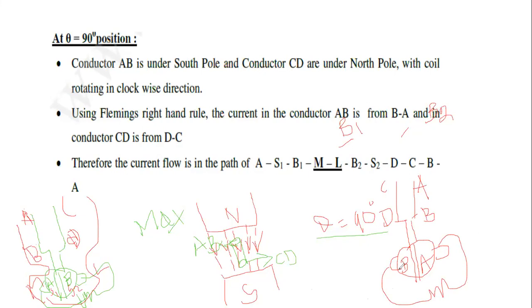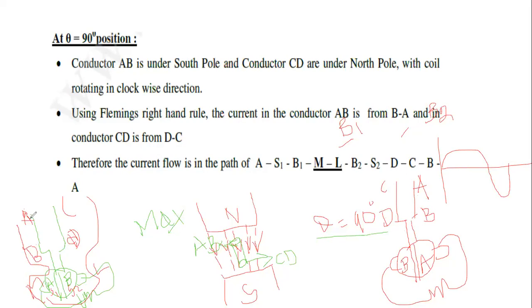In the previous case, only the conductor is rotated, the slip rings are not rotated. That's why the output of that generator is obtained like this. When we are using the commutator, the split rings and also the conductor change their position.